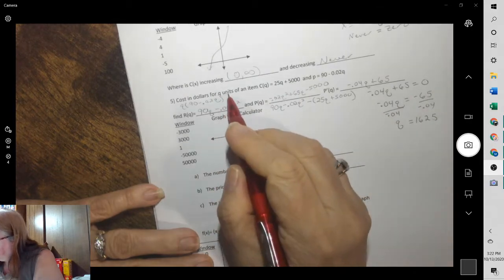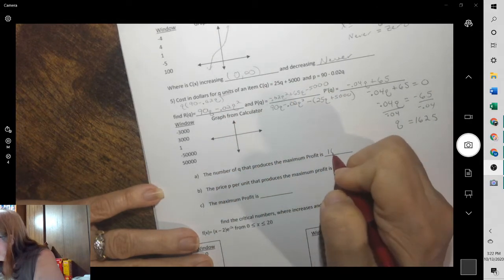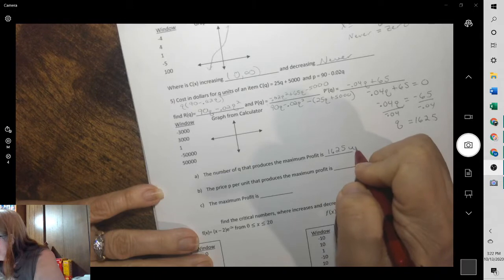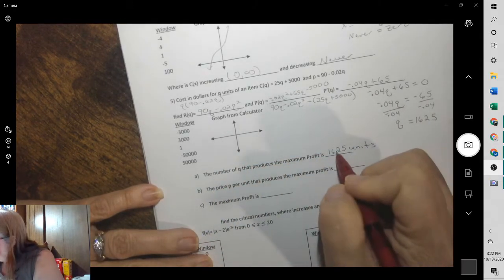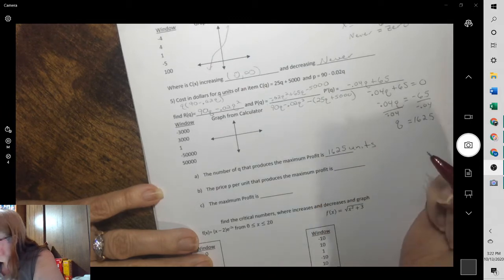And Q is in units, so 1625 units. Now let's look at the graph. It should have a high point at 1625.